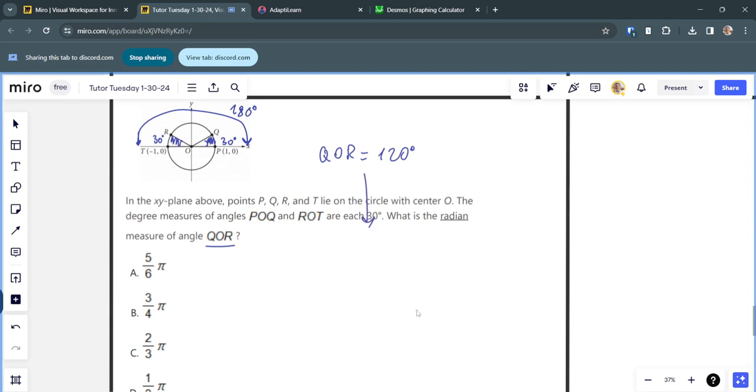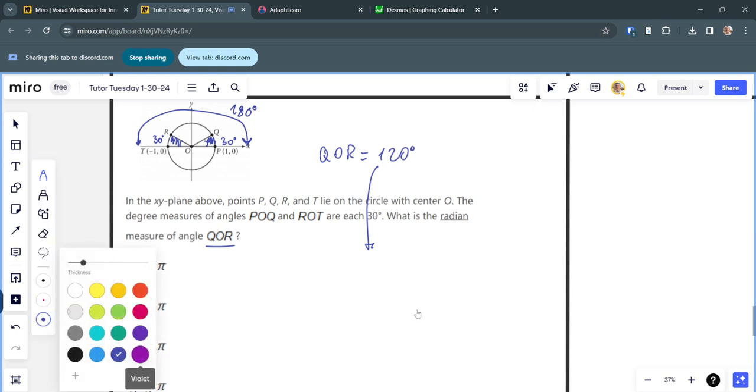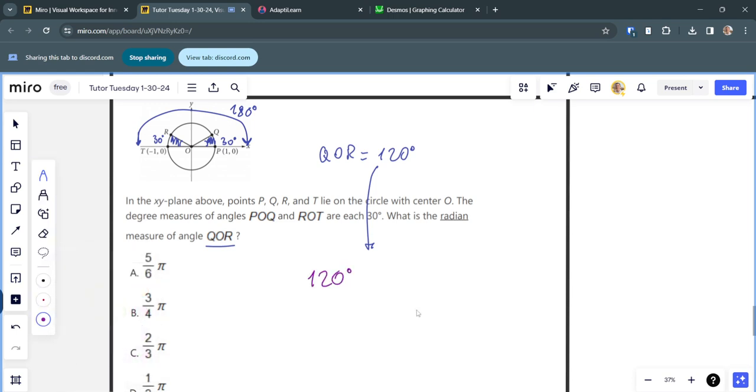And to convert that into radians, you have to multiply by a conversion factor. That conversion factor is, well, how many radians are there per degree? There's pi radians in 180 degrees. In a whole entire circle, you have to remember that there's 2 pi radians and 360 degrees.